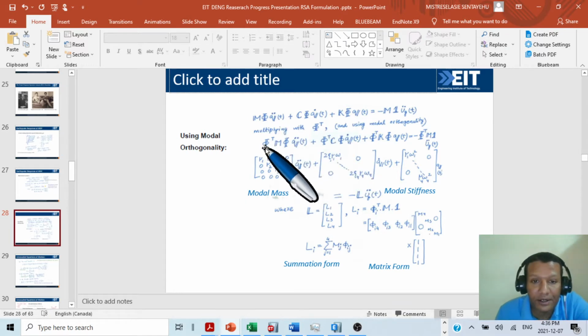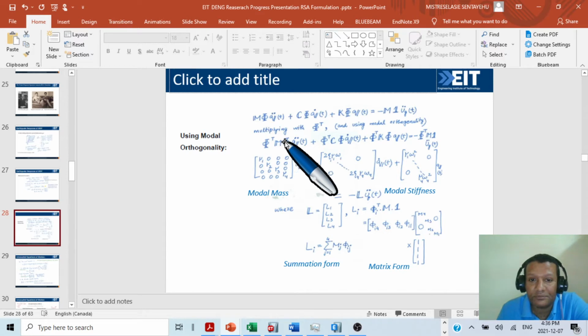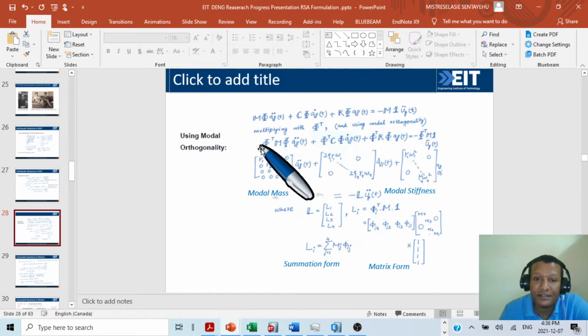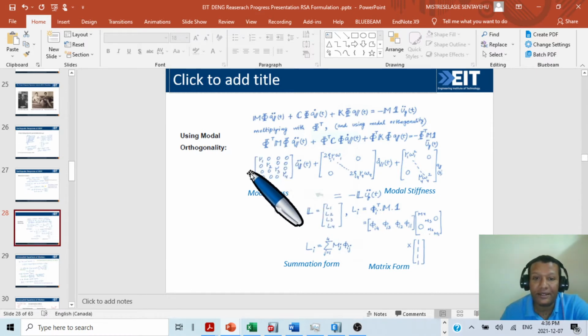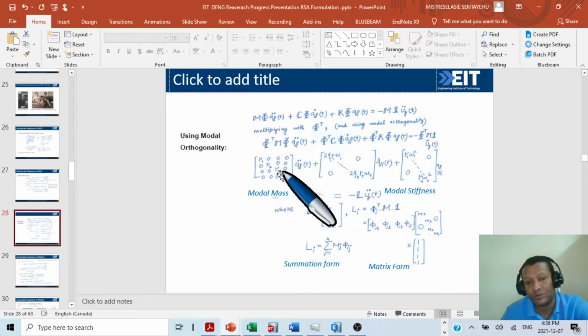So once we multiply phi transpose times mass matrix times phi times q double dot(t), as you can see, the result of phi transpose m phi will be a diagonal matrix, and the off-diagonal values will be 0, and the diagonal matrix will be the modal masses.